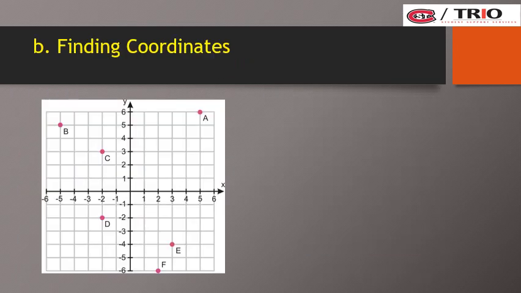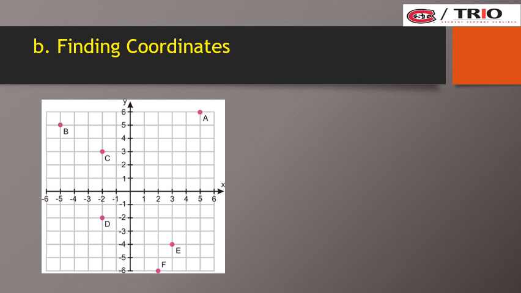In the previous slide, we saw plotting the points. In this one, we are finding the coordinates. We already have the points plotted here, and we need to find the coordinates for these points.